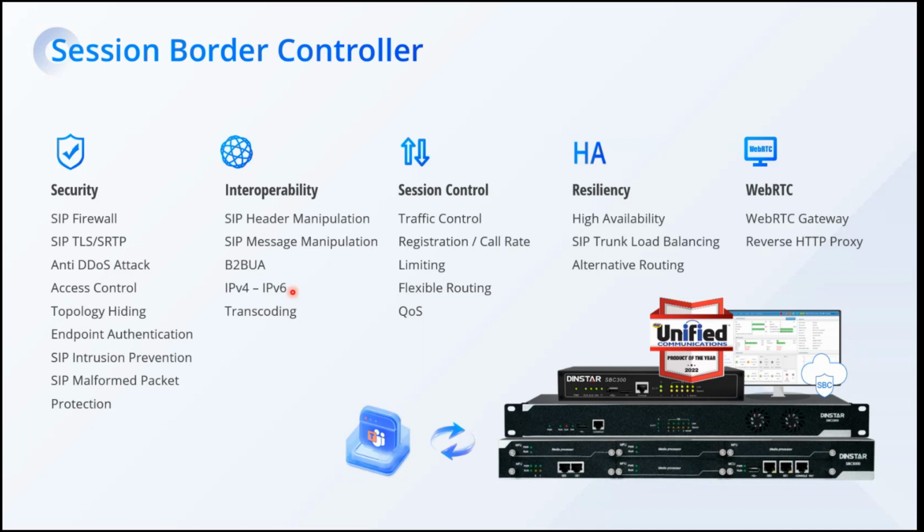Sometimes you have to use load balancing to manage your call volume or SIP trunks. Sometimes you have to do alternative routing. If you use an IMS SIP trunk, E1 or T1, you have to do the routing by SBC. So it's a quite flexible way to do that by SBC.